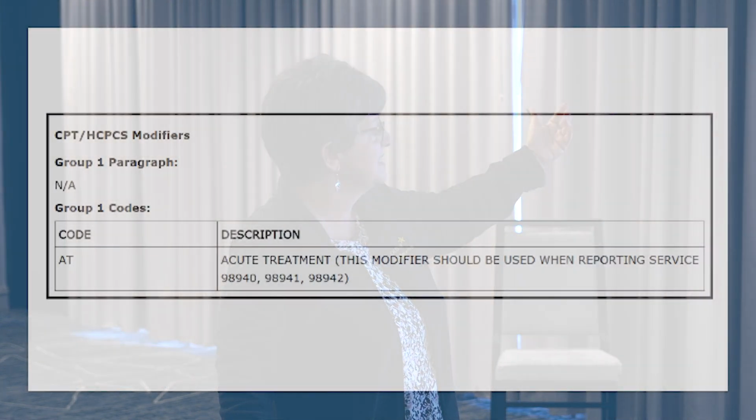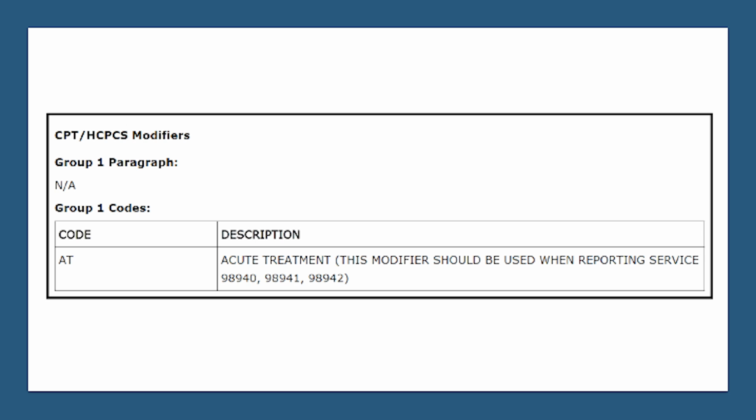So these are the only codes based on the LCA that should be on the claim form with an AT modifier. The modifier that they tell you to use is AT, acute treatment. This modifier should be used when reporting these 3 service codes. And then these are the only diagnosis codes on the LCA.